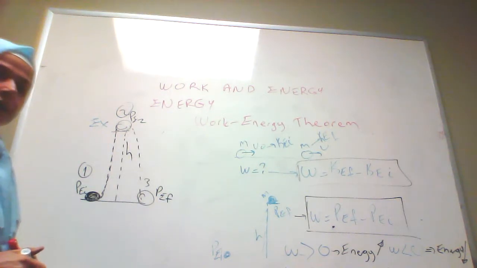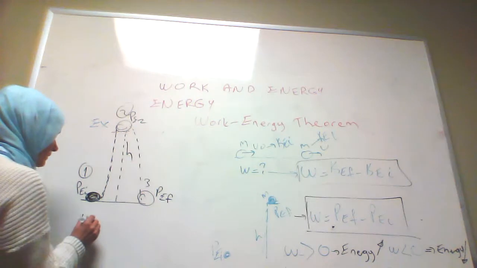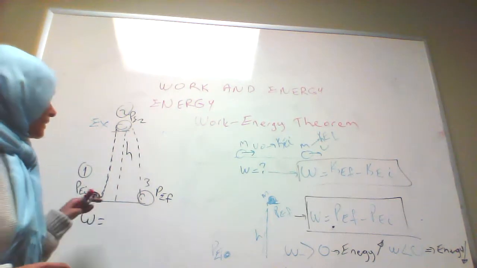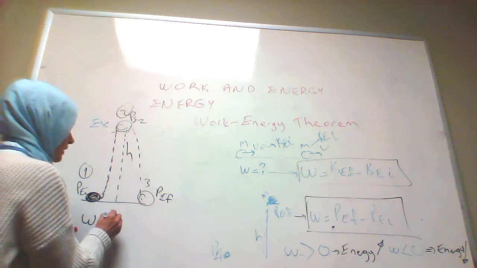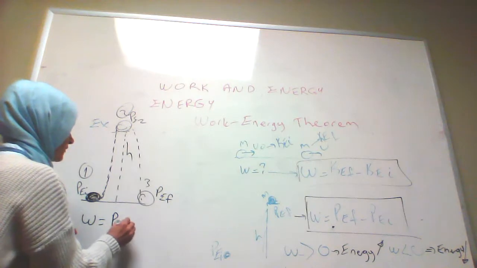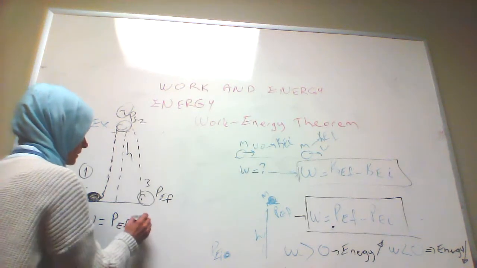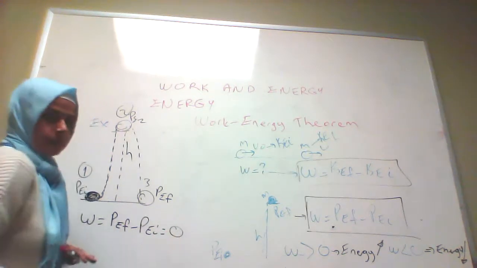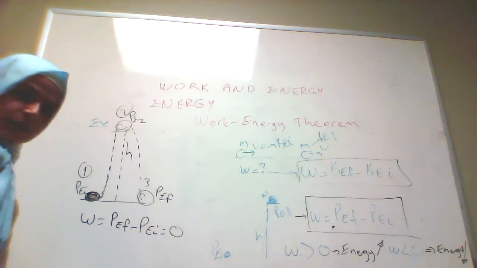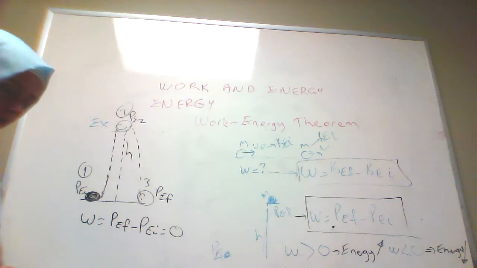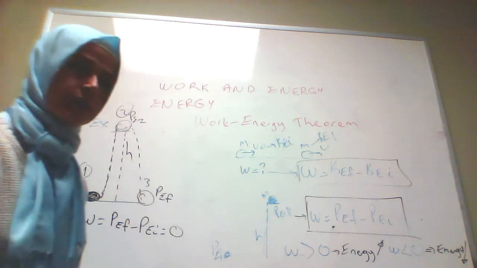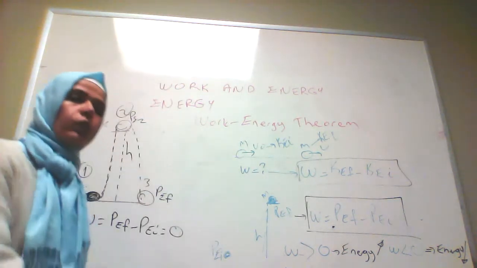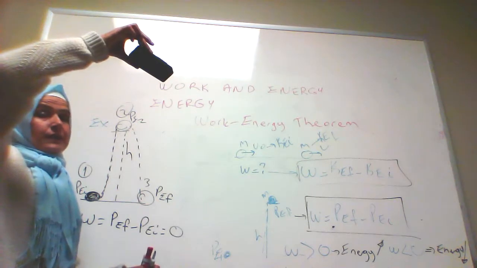What is the work done on this object by this person? It will be potential energy final minus potential energy initial, which is 0. Work done will be 0. Why? Logically this also makes sense, because you take the object up, you're doing work against gravity, right?